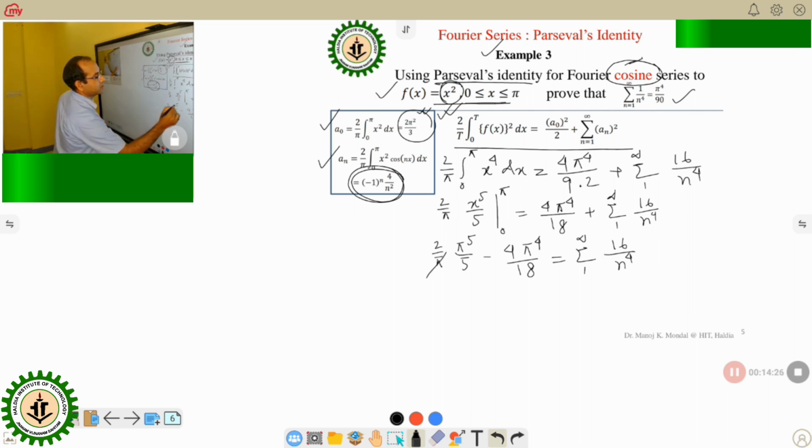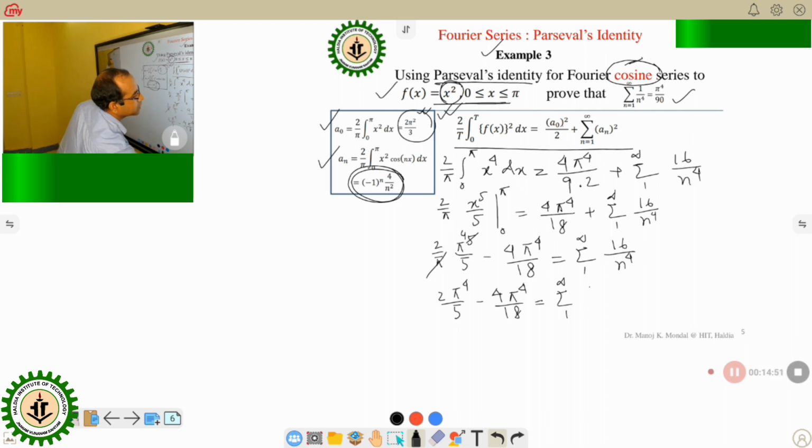Here pi cancels, so we get 2 pi to the power 4 by 5 minus 4 pi to the power 4 by 18, equal to summation 16 by n to the power 4.